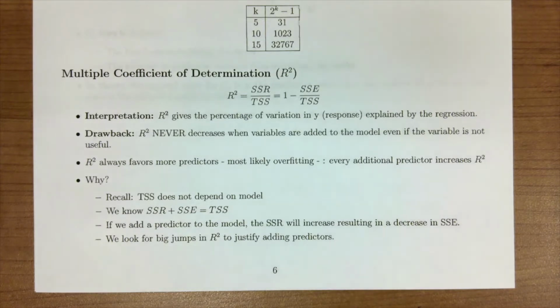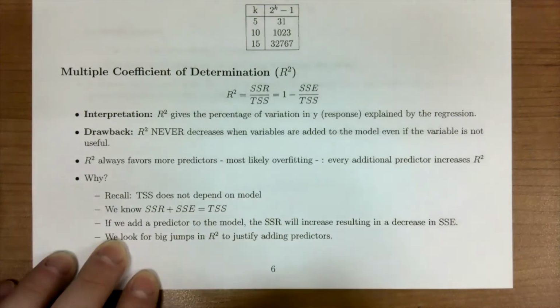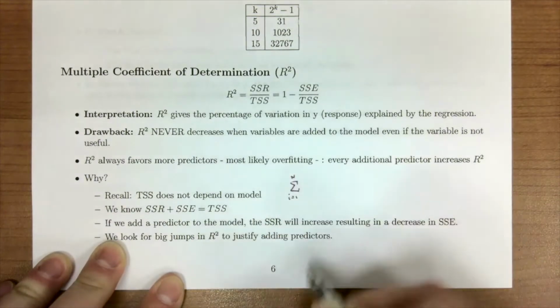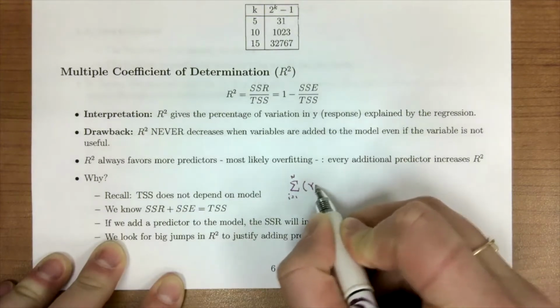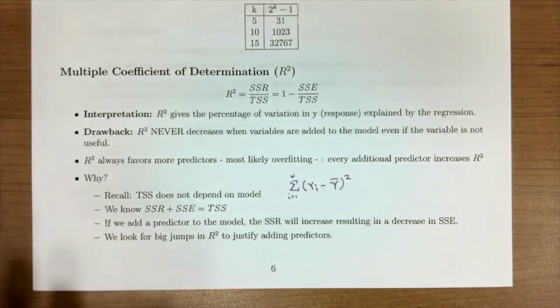The reason it's always going to increase and never decrease, it might increase a little bit, but it will never decrease, is because of how it's calculated. Recall that our total sums of squares, our TSS, does not depend on the model. It is the sum over our observations of yi minus our overall mean, squared. So it has nothing to do with the regression line.